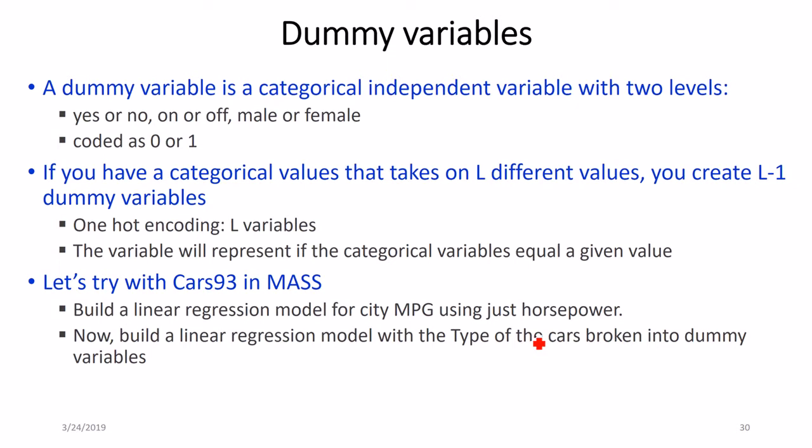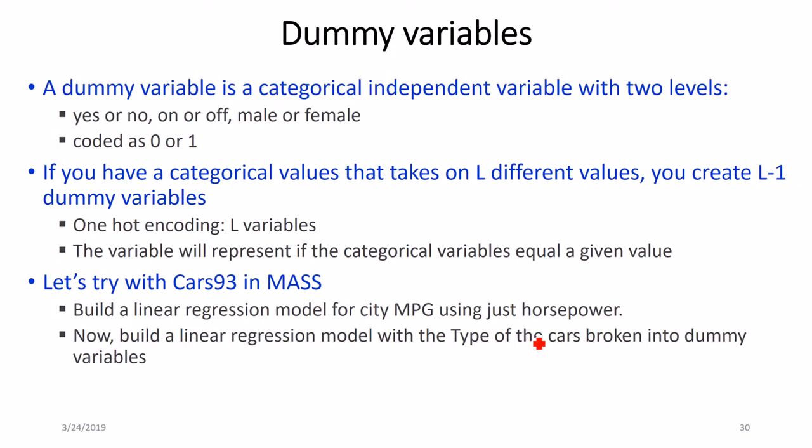If a categorical variable has L different values, then we would create L-1 dummy variables. Another approach is one-hot encoding, which gives L variables, each for one of the values.